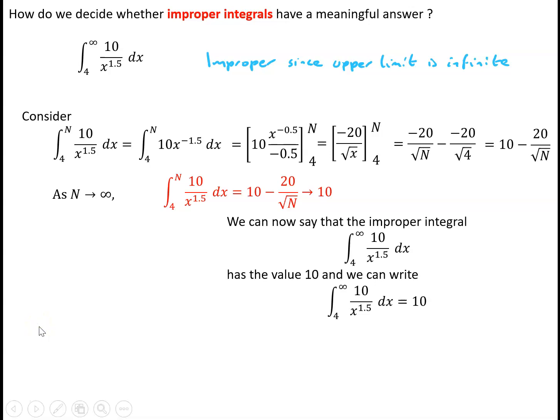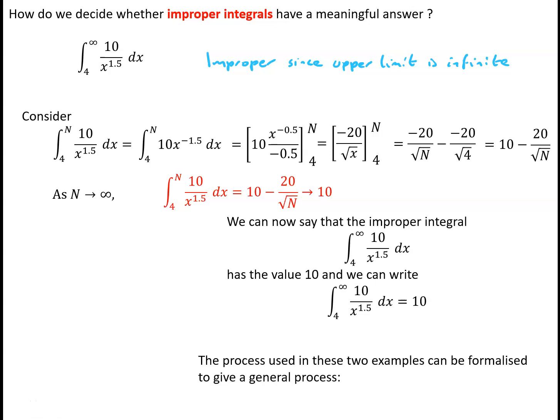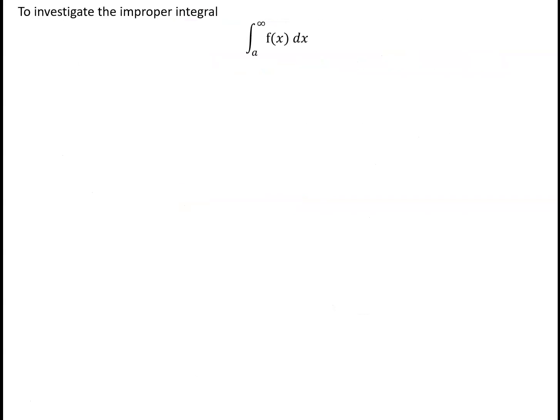Now the process that we've used in these last two examples can be used to formalize a general process that we can use when we have the upper limit being infinite.